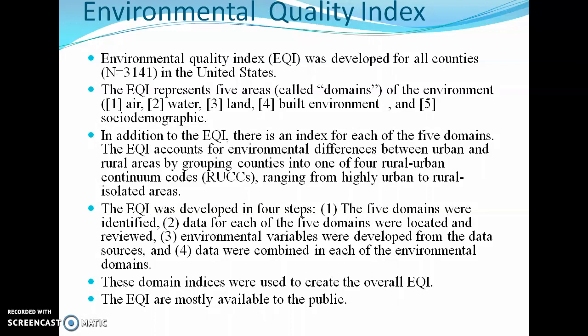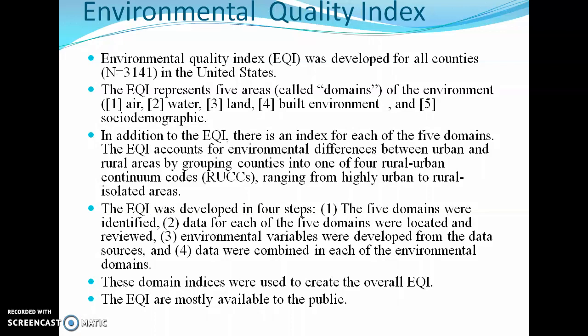Then the definition or the domain of EQI: EQI represents 5 areas of environment, that is first air, second water, third land, fourth built environment, and fifth socio-demographic. So these are called domains for the environmental quality index.